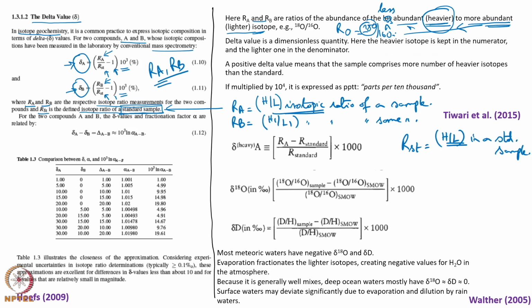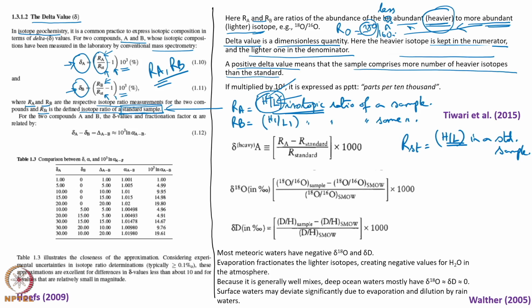Since we are doing ratioing and then we are dividing the two ratios, naturally delta values are dimensionless quantities, and always we keep the heavier isotope in the numerator. You see, it is H divided by L, not L divided by H. H is always in the numerator, the lighter one in the denominator, and a positive delta value will mean that the sample comprises more heavier isotopes than the standard value.